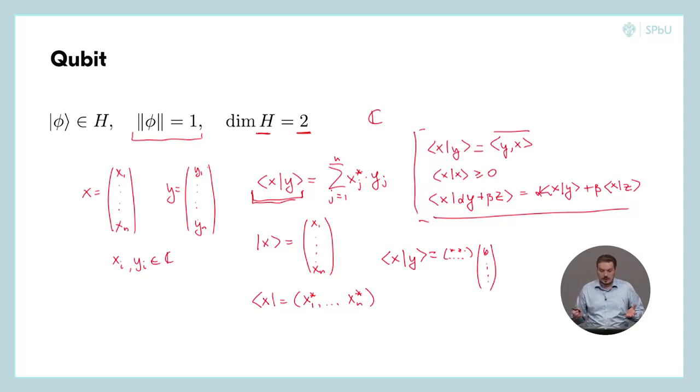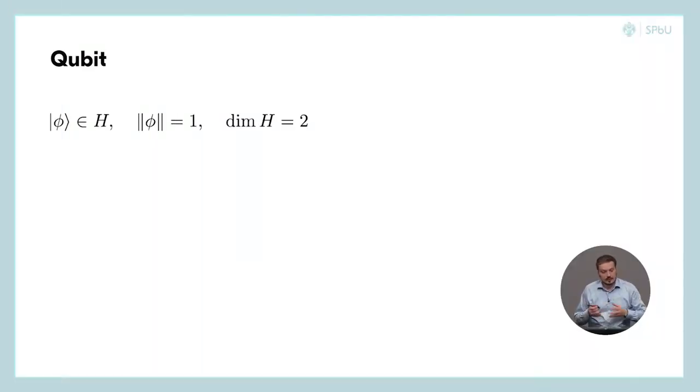And it is just a simple matrix multiplication, which gives us this sum, which gives us one scalar. So just a number.